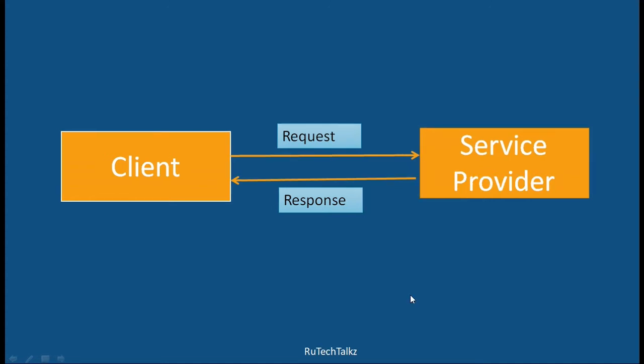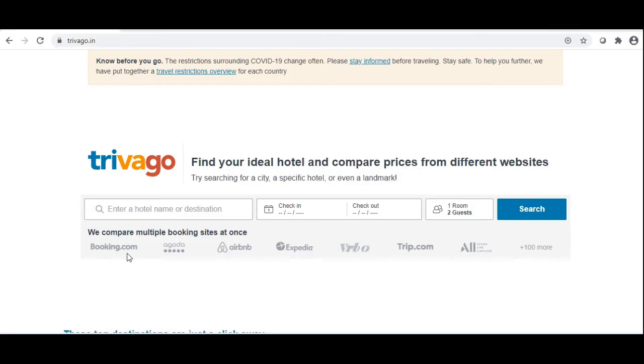There are many examples of APIs. Each and every web application that we use contains APIs. I will give you a few examples. First example is the Trivago website. This Trivago.in website is a hotel booking website. This website takes the details from other websites, that is booking.com, Airbnb, trip.com, Expedia, and then displays those details in their website.